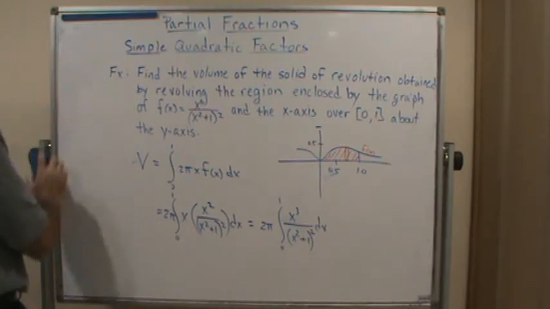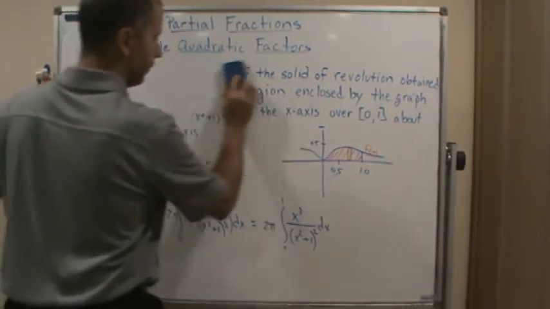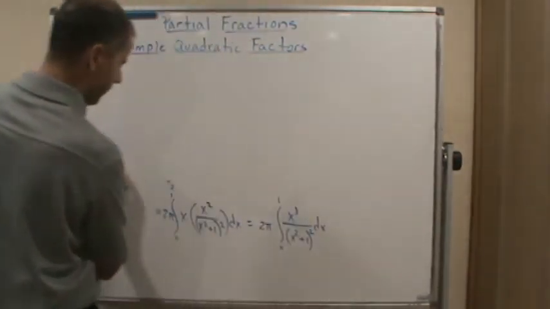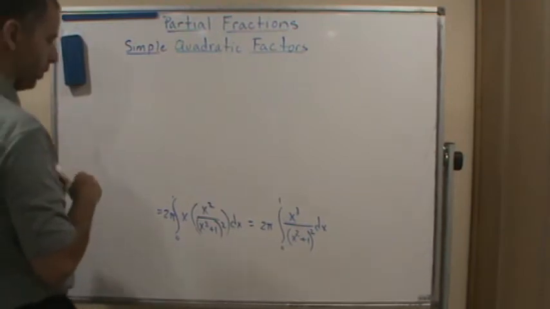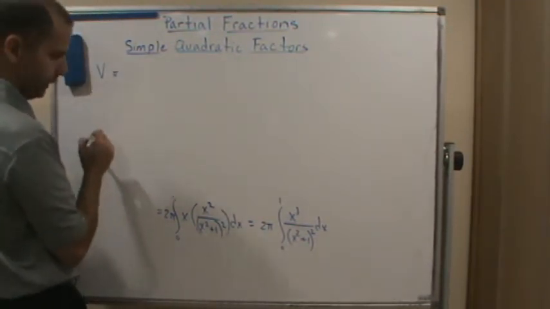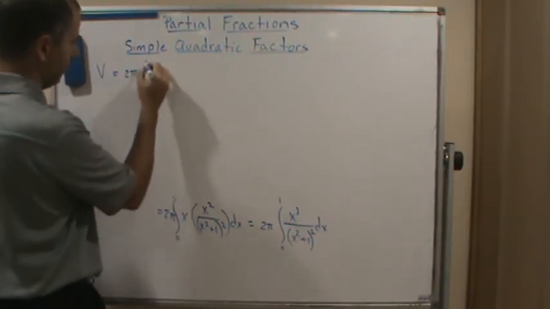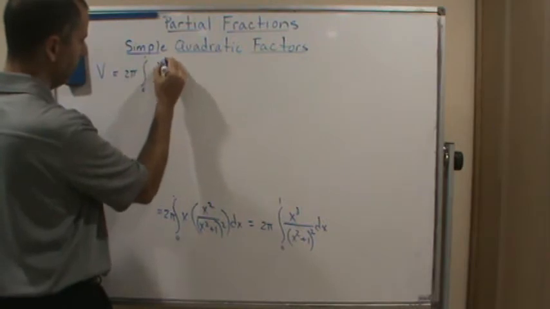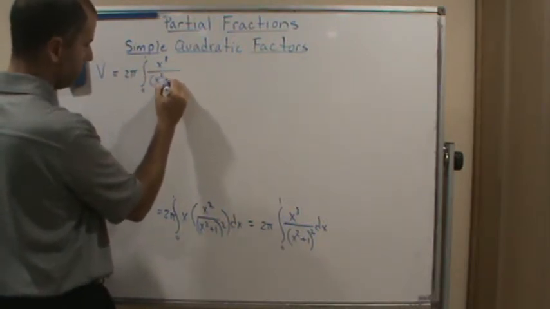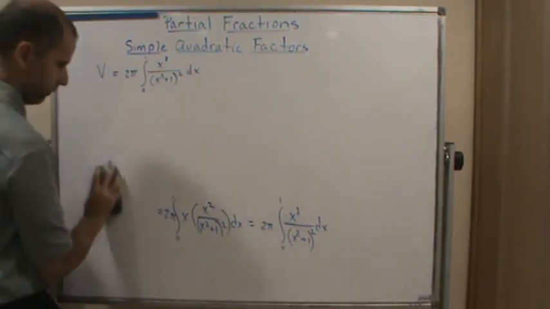Okay, so now this is the setup, so we don't need the rest of this. So let's erase this to give us some more room. Okay, so what do we get? So we've got the volume equals 2 pi from 0 to 1, x cubed over x squared plus 1 squared dx.